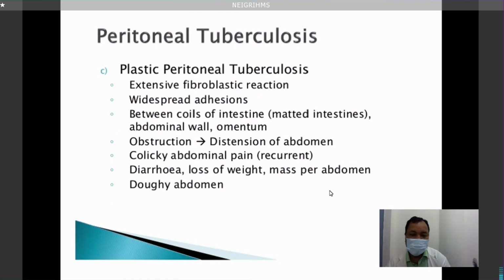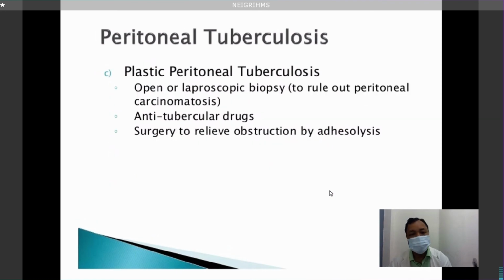And the plastic or the cocoon, abdominal cocoon that I was telling, that is the one that sometimes may be difficult to manage. Okay, very gently you will try to release the intestines and then try to relieve the obstruction. This plastic type of peritoneal tuberculosis usually will present like an intestinal obstruction. So once you release the obstruction, sometimes recurrence can be there, or if the person is okay, then you go for antitubercular treatment.